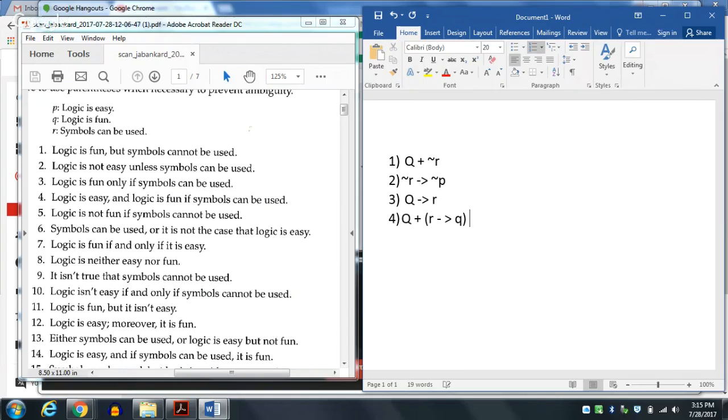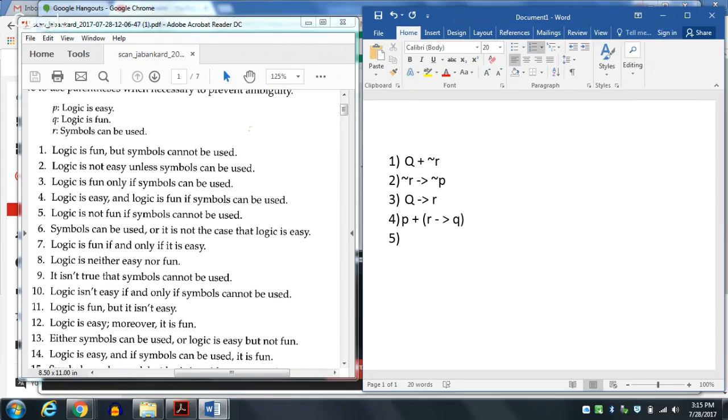That's Q. You end up with logic is easy, P, and logic is fun if symbols can be used, which is translated as if symbols can be used, then logic is fun. So logic is easy, and if symbols can be used, then logic is also fun. So it gets symbolized this way. The parentheses are helpful because they take that conditional and separate it from the conjunction a little bit.